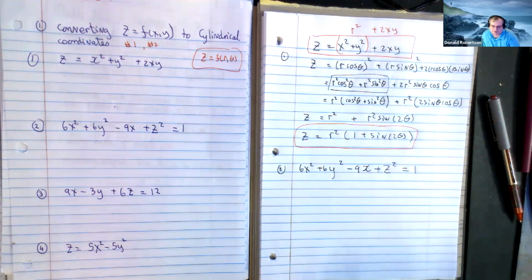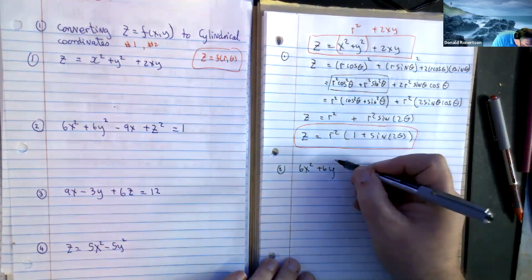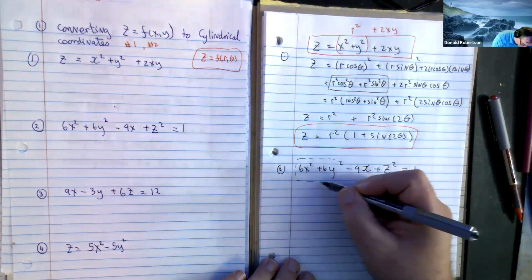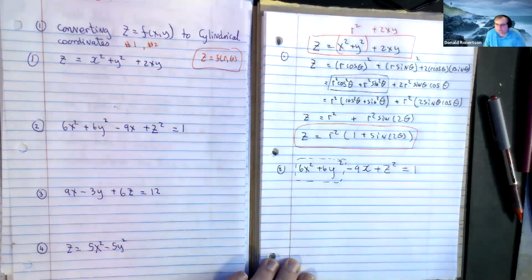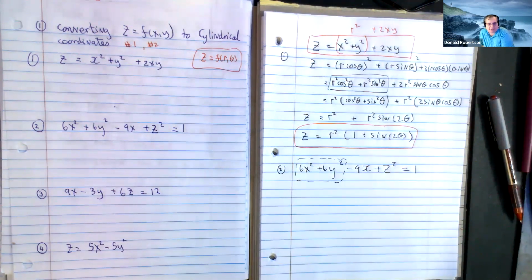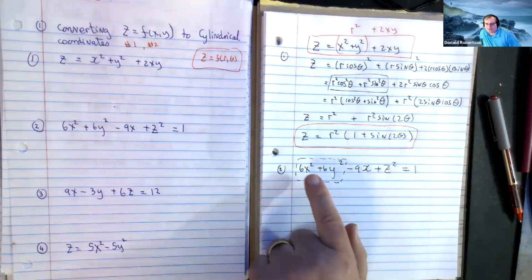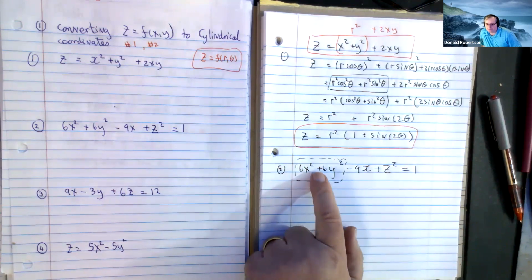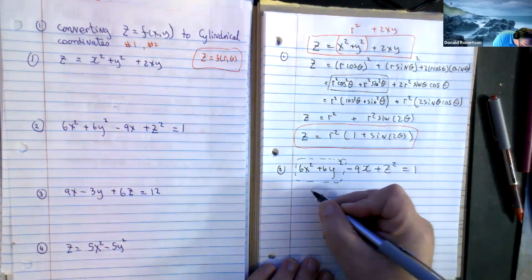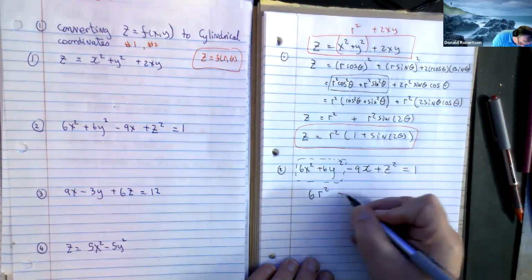I'll take care of that at the end. But I do think I could do a bit of work on this. I know that x squared plus y squared is equal to r squared. So it shouldn't be too much of a jump to realize that 6x squared plus 6y squared gets me 6r squared.